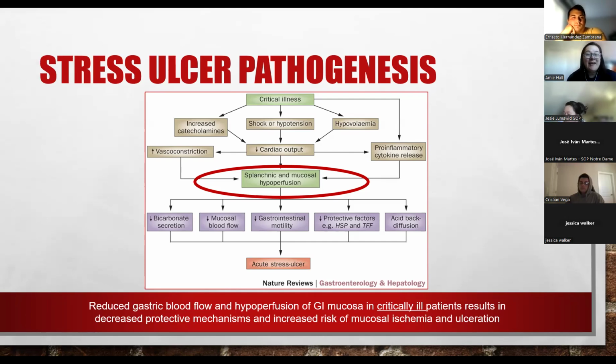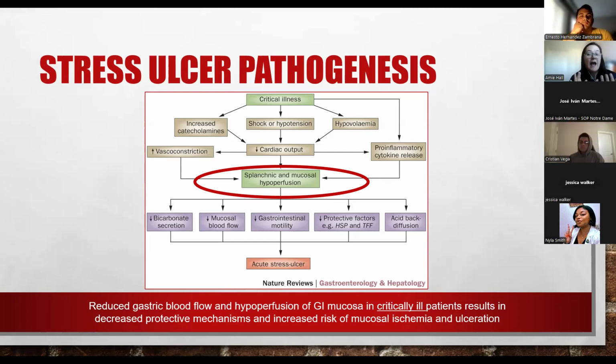What we think is happening when patients have a stress ulcer, when they are in a critically ill situation, is that they start getting mucosal ischemia. So the mucosa inside their stomach starts dying. It doesn't get enough oxygen, and when the mucosa doesn't get oxygen, it dies, and that leads to reduced gastric blood flow, resulting from splenic hypoperfusion. So we're not getting enough blood flow into our GI tract.